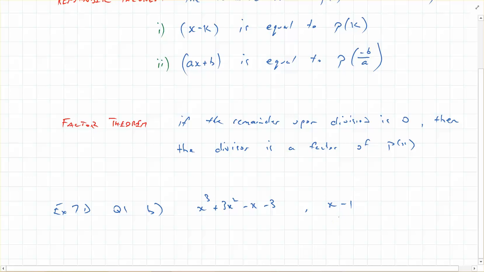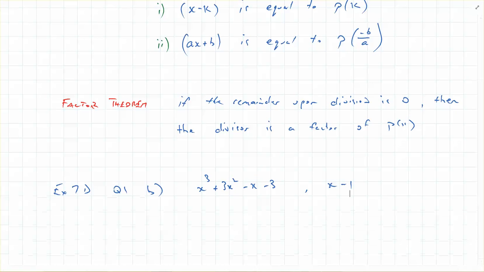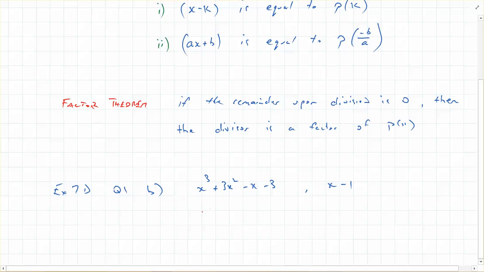One other way of saying that is x minus 1 is a factor. So we do that just by substituting 1 in to this polynomial. So 1 cubed plus 3 times 1 squared minus 1 minus 3 equals 1 plus 3 minus 1 minus 3, which equals 0. So therefore a factor.